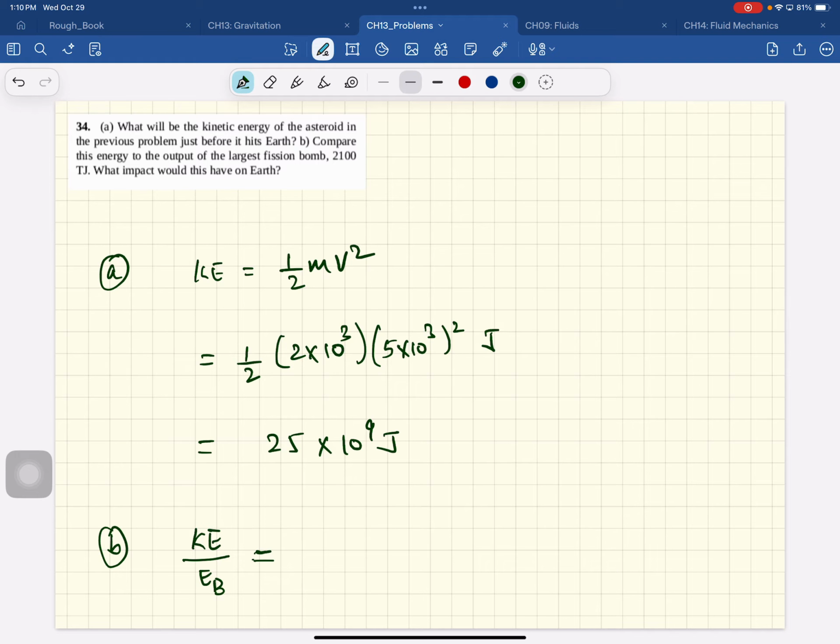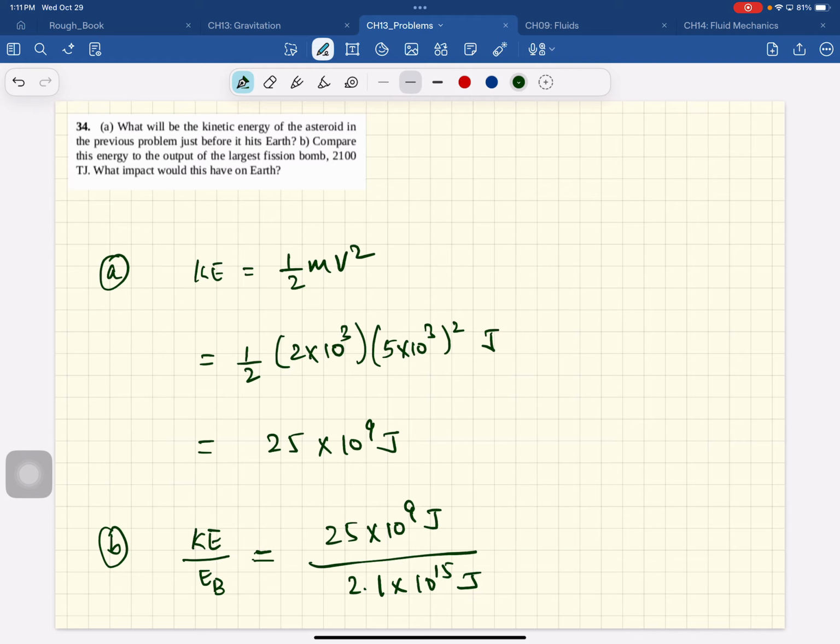It's 25 times 10 to the 9 joules. Energy of the bomb is 2.1, and tera is 10 to the 12. That's 10 to the 15 joules. This doesn't make sense. So we've done something wrong somewhere.